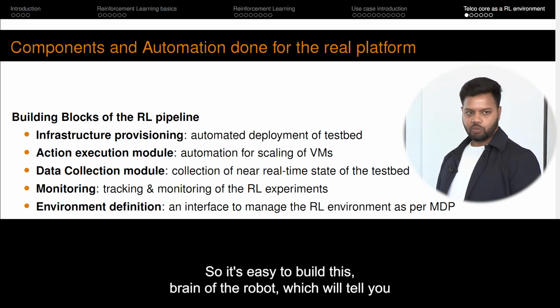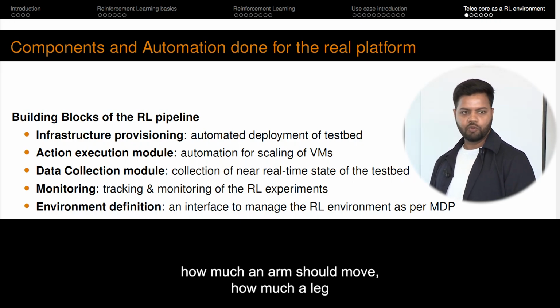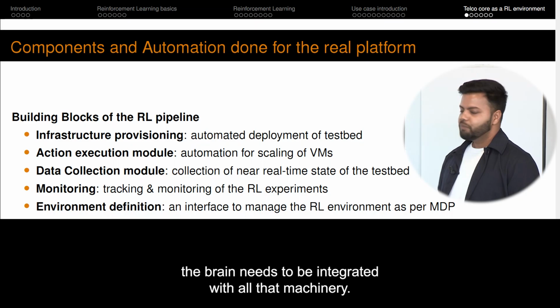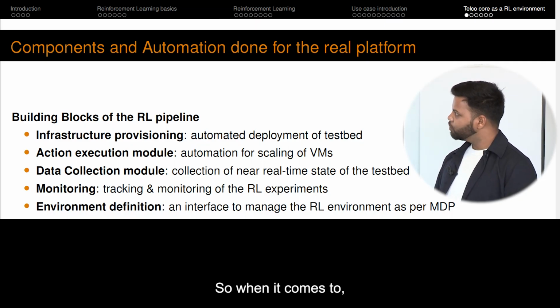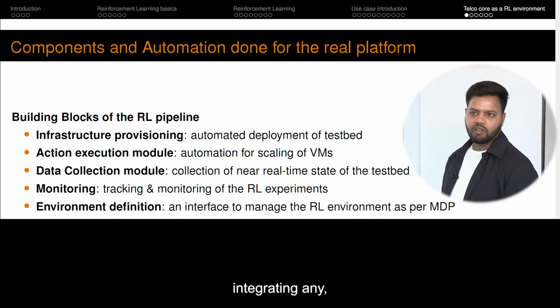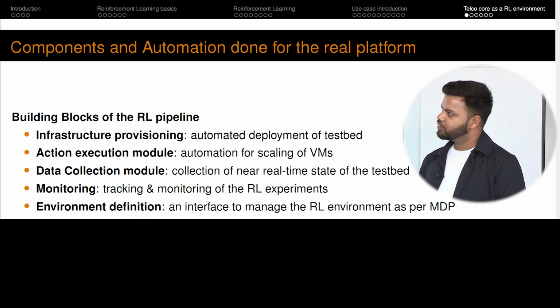It's easy to build this brain of the robot, which will tell you how much an arm should move, how much a leg should move, but the brain needs to be integrated with all that machinery. So when it comes to integrating any AI thing with real world problems, it requires automation.